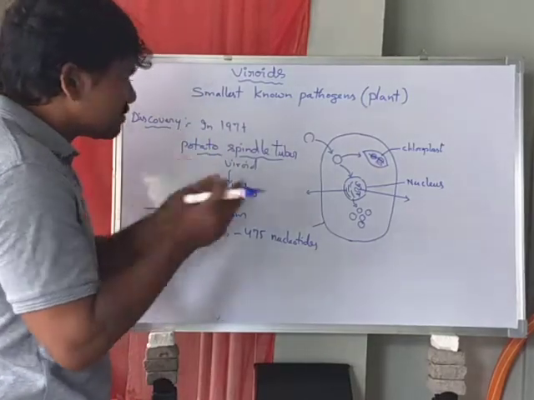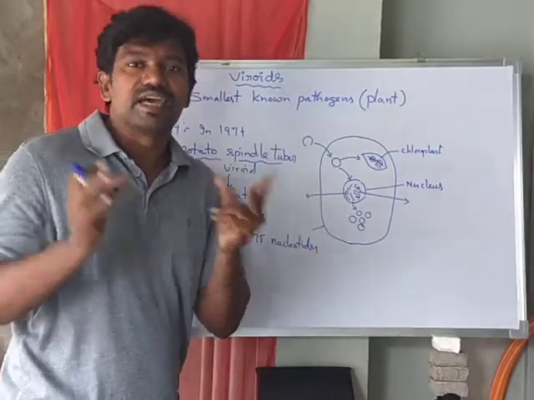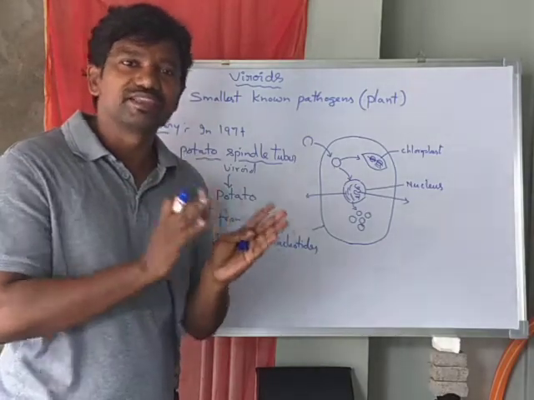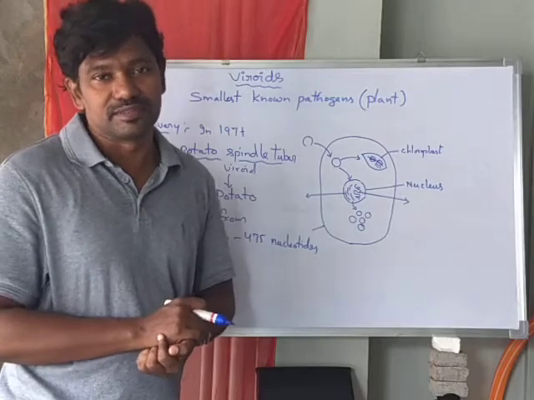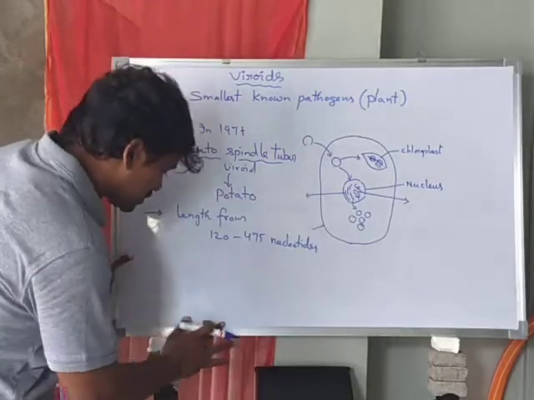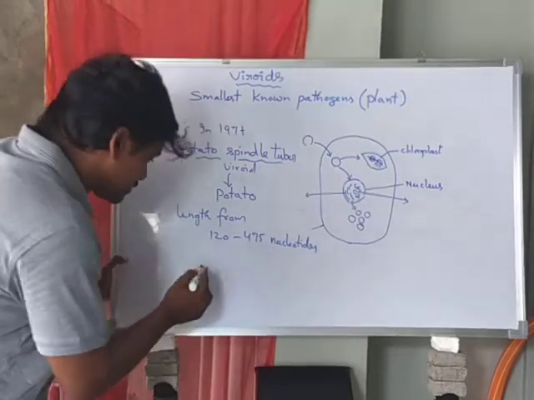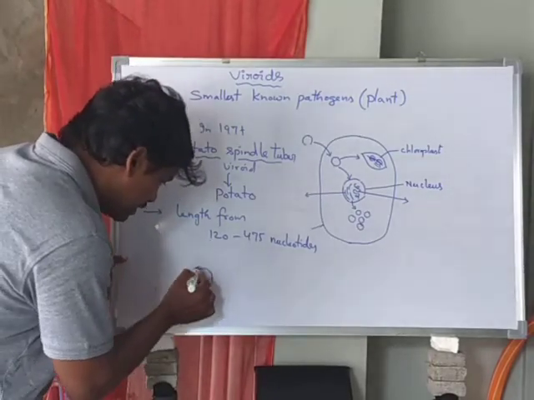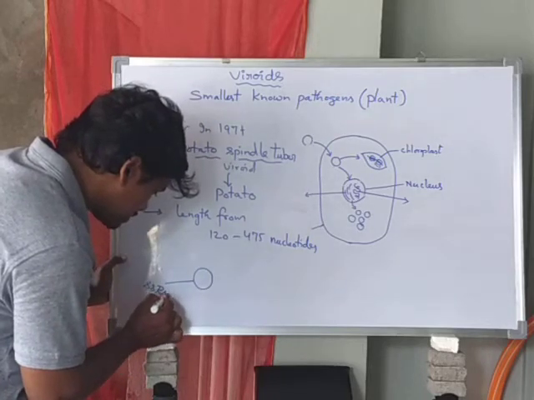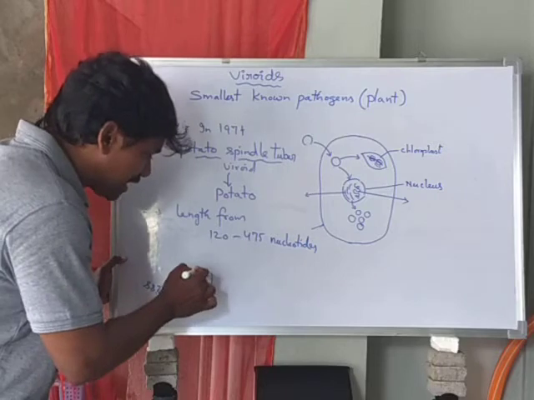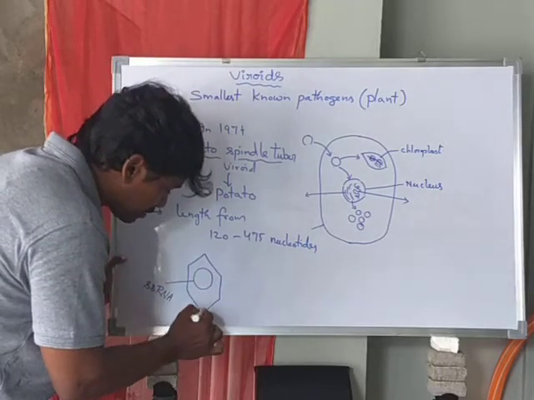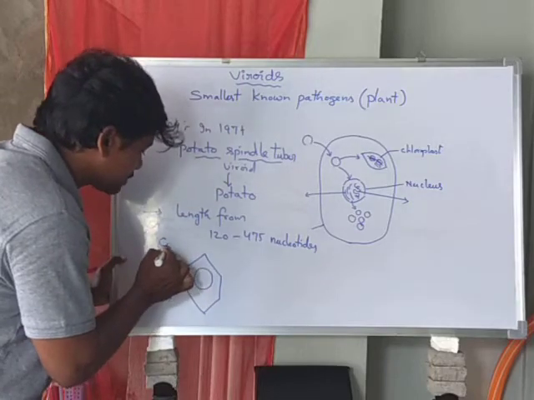So what is the difference between viruses and viroids? There is a simple difference for better understanding. A virus has single-stranded RNA as its genetic material, and the genetic material is protected by a protein capsid.